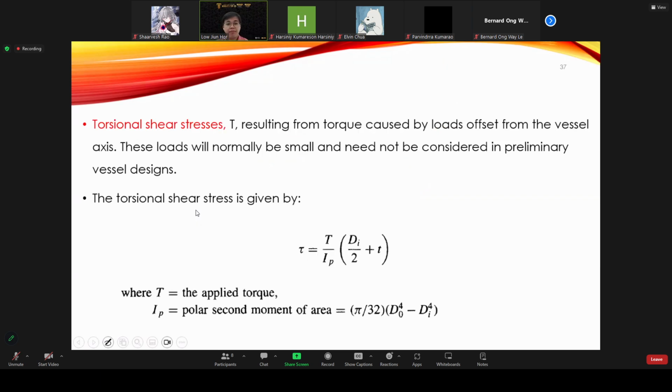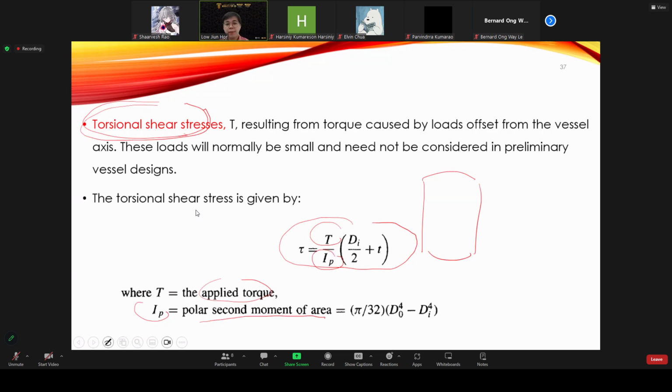Besides that, in the pressure vessel, you also need to consider the torsional shear stress. The torsional shear stress can be calculated by using the equation here. T is the applied torque, and Ip is the polar second moment of area.